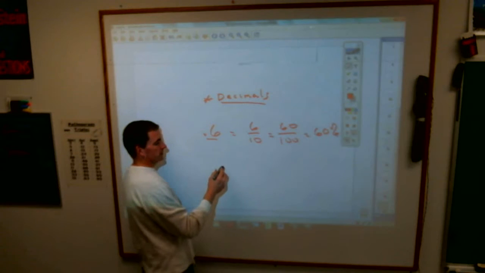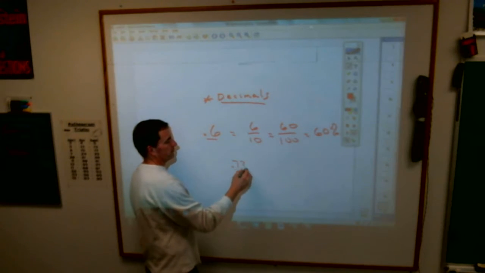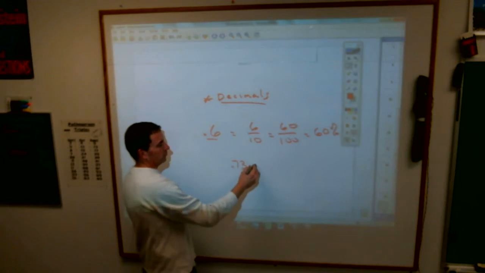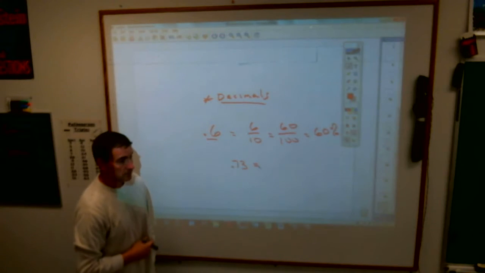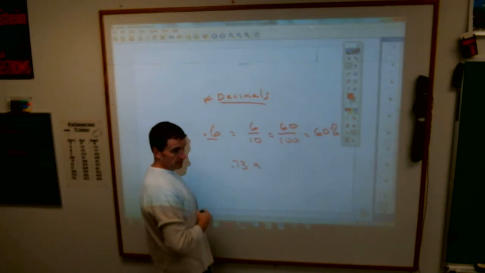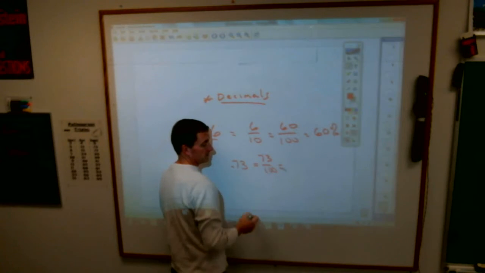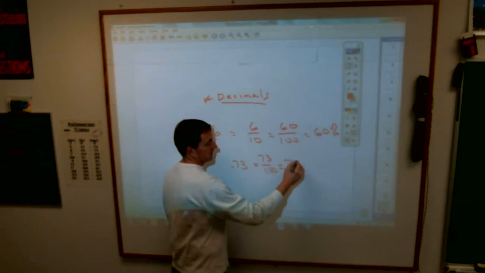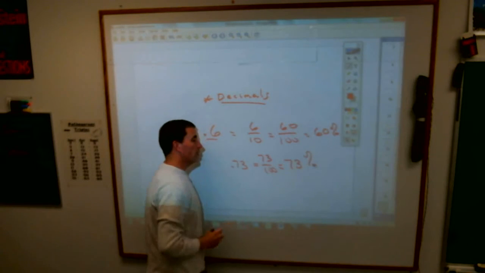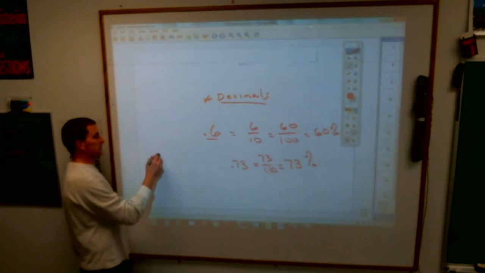Or even if it was 0.73. 0.73 as a fraction is 73 100ths. So what percent is it? 73%.